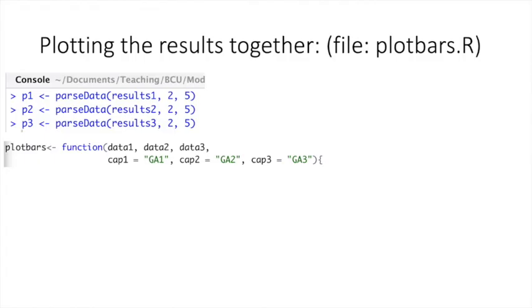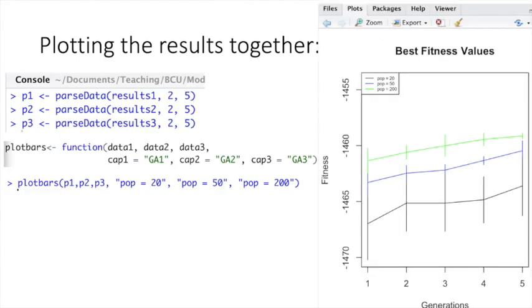Also, this function wants the labels for the 3 setups, so it can use those labels and put them in the graph that will appear later. So we call the plotbars function with the 3 variables and appropriate labels. Note, you must use sensible labels to make your graph readable. So we put the 3 labels enclosed in quotation marks because that's how we pass text data in R. And there is our plot.